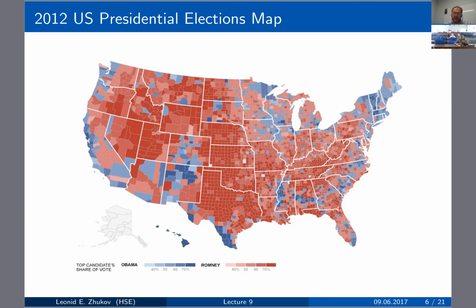You realize that again there are big areas right here along the coast that were Democratic. There is a part here that is Democratic, and there is a part up here that is Democratic. There are some scattered Democratic votes in the middle, but then there are big chunks of red Republican votes.